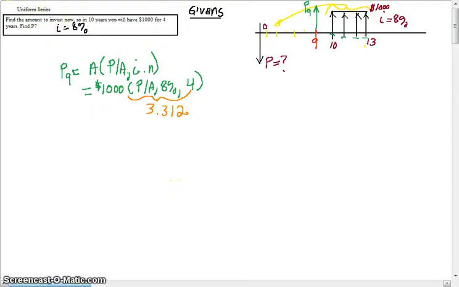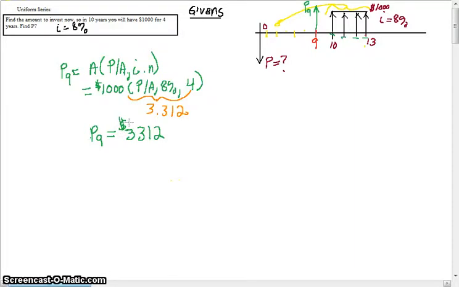Okay, so now we know P sub 9 equals this 1,000 times 3.312, which means that it equals 3,312.